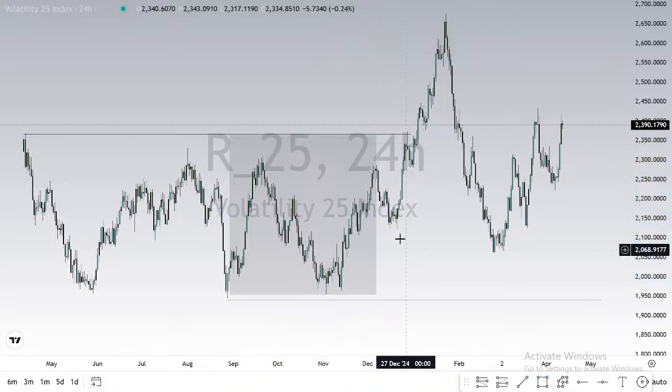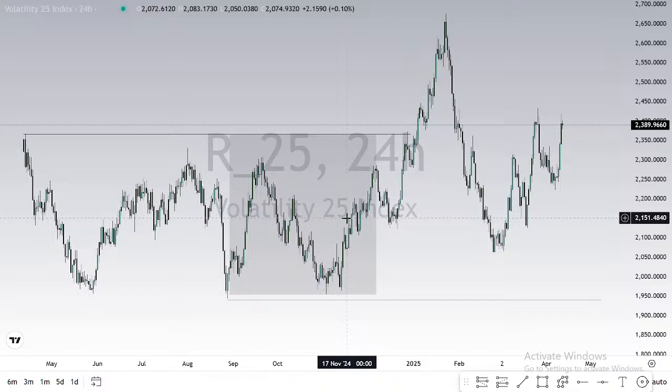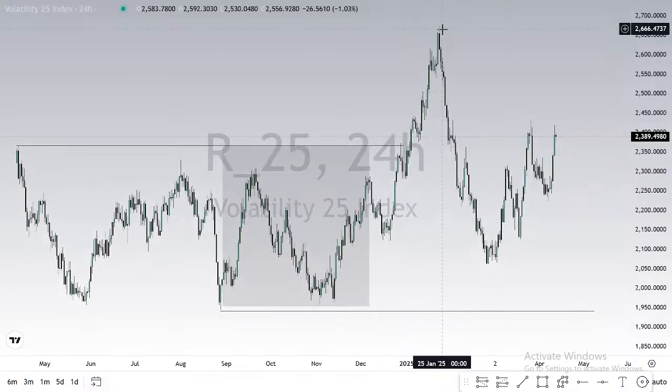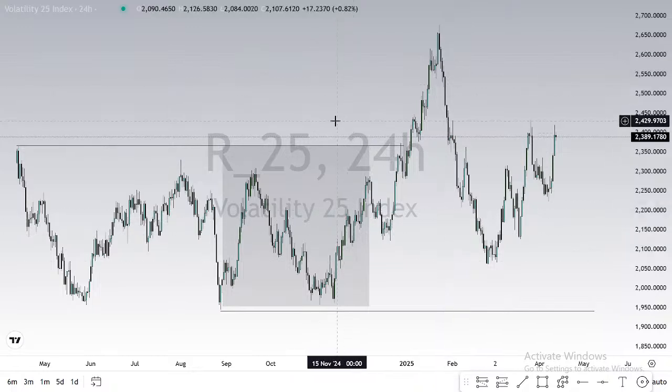So inside this range, we are expecting that it is very possible for market to use any area for continuation. Because of this impulse to the upside, we can't really so much determine the specific area where market would use for a continuation. But we know that we are inside this particular range where we want to see market proceed to the upside, right?